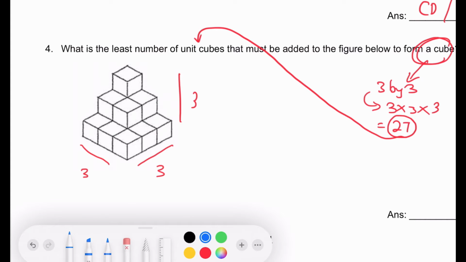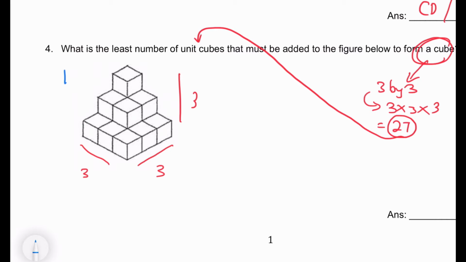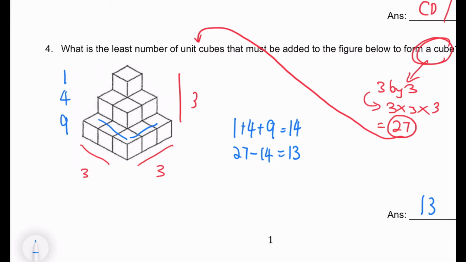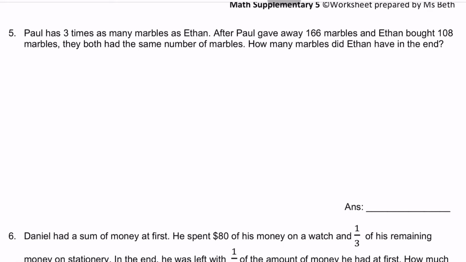Let's count. We have 1 at the top, 4 in the second layer, and 3 times 3, 9 at the bottom. So 1 plus 4 plus 9 gives me 14. And I'll take the total, which is 27 minus 14 gives me 13. So I need 13 more cubes. That's the answer.